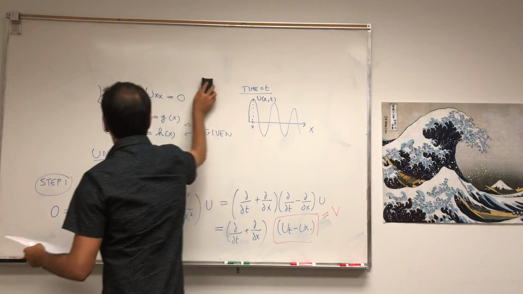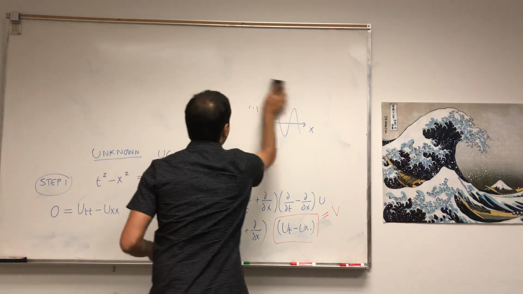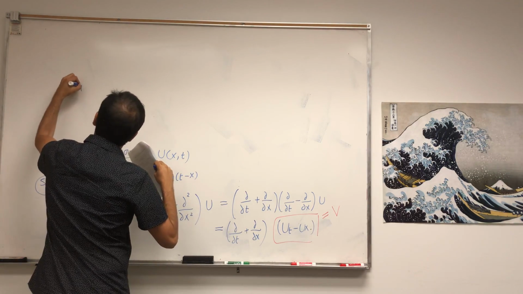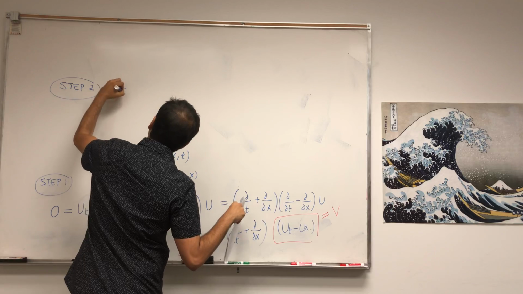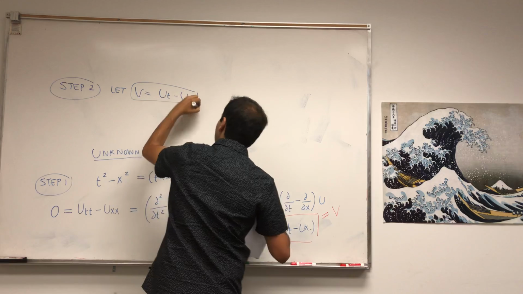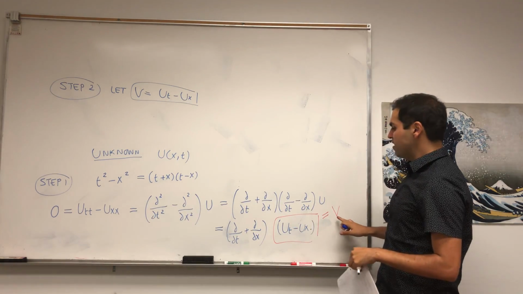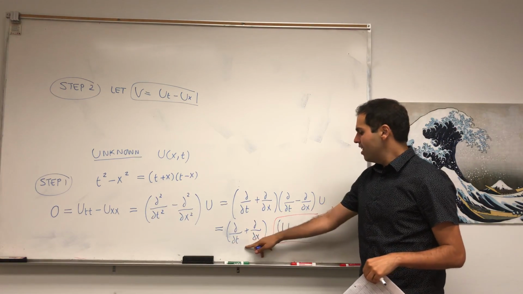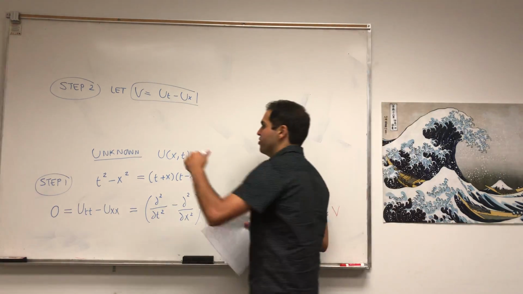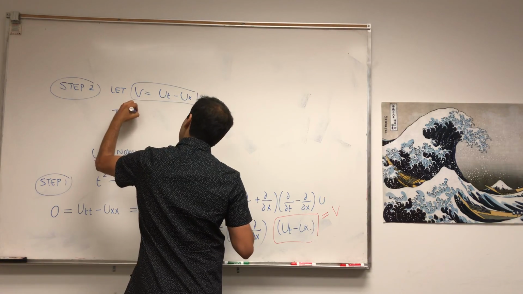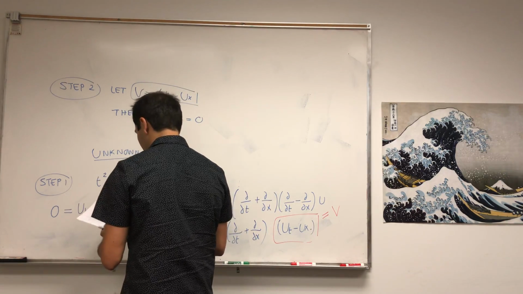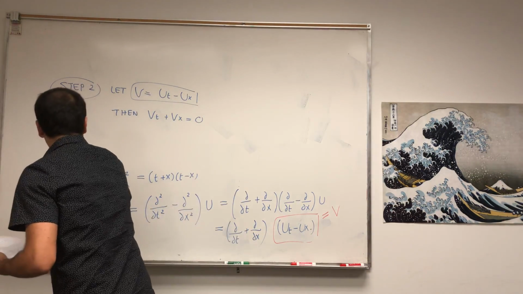So, step 2. Let v be ut minus ux. Based on what I said, we find that v satisfies a new equation: vt plus vx equals 0.